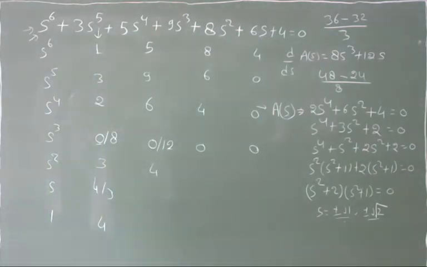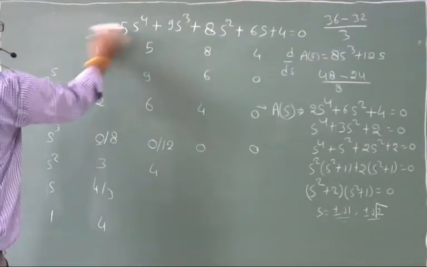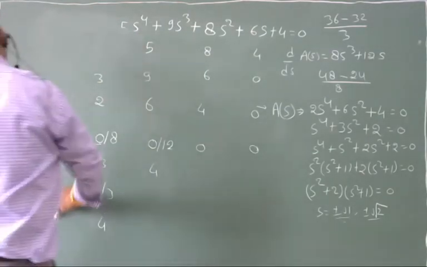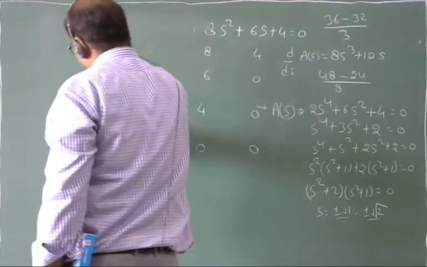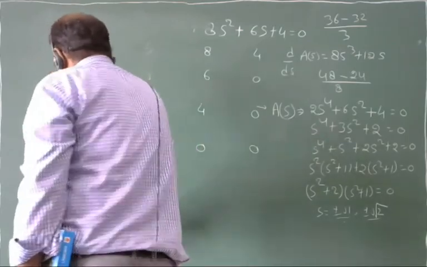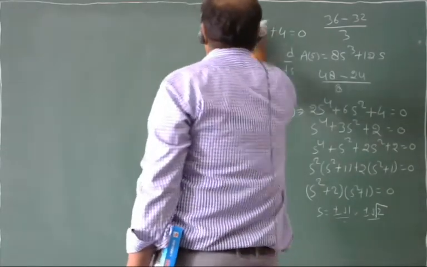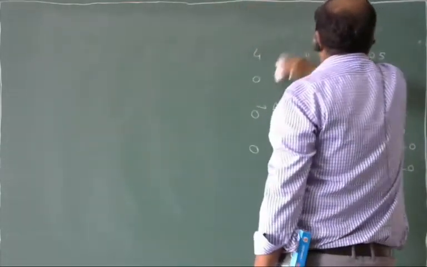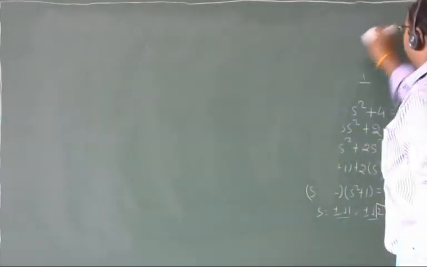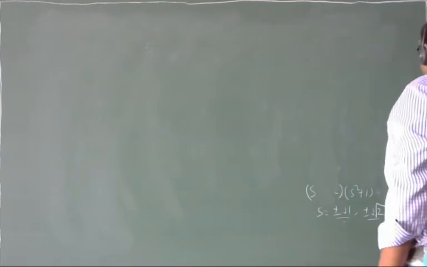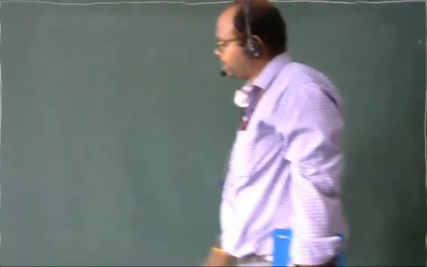Now, there are some more applications of the Routh-Hurwitz criteria regarding stability or regarding relative stability, in which we can say more than yes or no about the stability of the system.